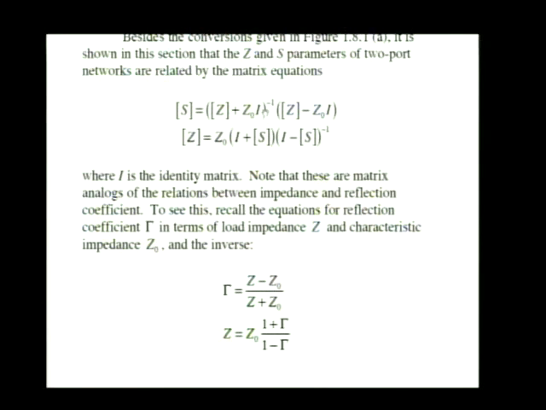And so are the second pair of equations. Z in terms of gamma, only now S plays the role of gamma. S is the scattering matrix.